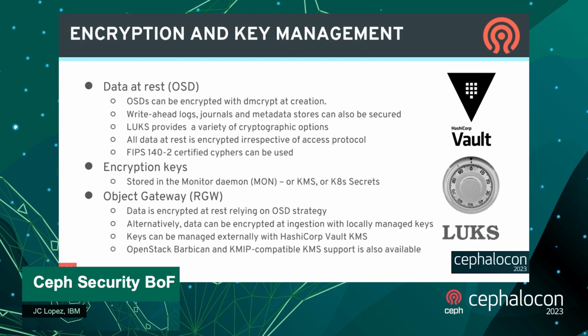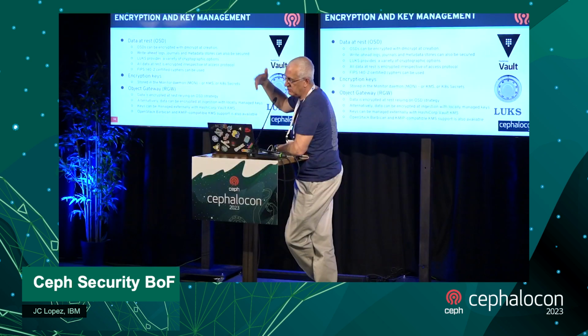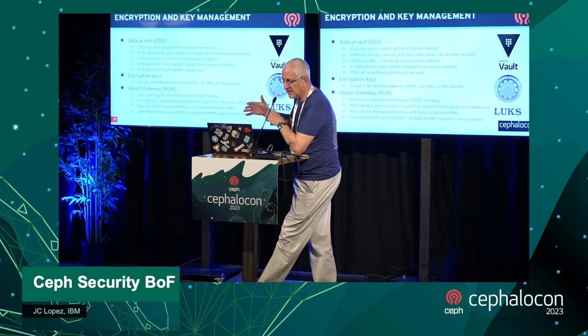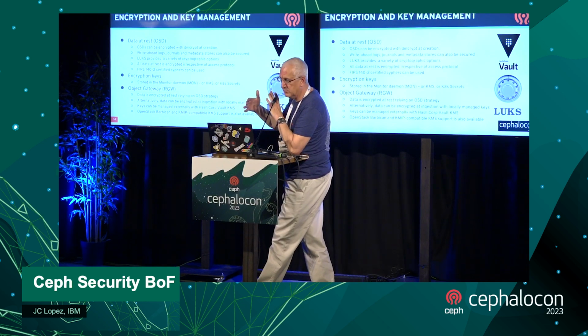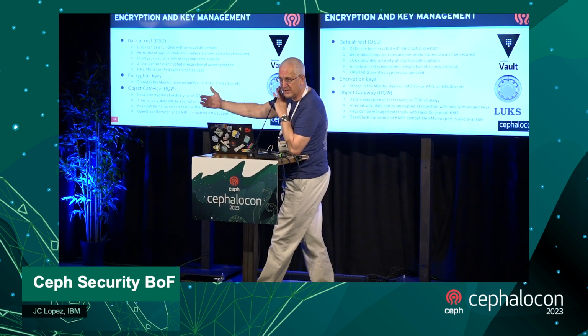Or now, with the later versions, when you do Rook Ceph, you can actually use an external key management system to store the keys. We still do not support rotating the keys, just so you know. But basically, the idea is always to try to keep the keys away from where the data is. That's always the main goal.